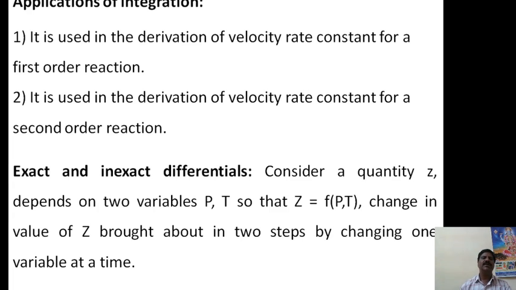Now coming to the applications of integration. It is used in the derivation of the velocity constant or rate constant of a first order reaction. Second, it is also used in the derivation of the rate constant or velocity constant for a second order reaction, because while deriving the first order and second order rate constants, we come across the integration function.